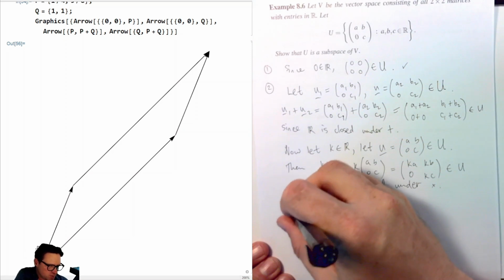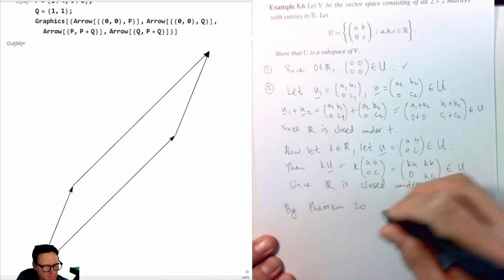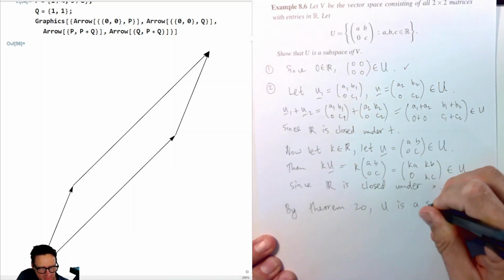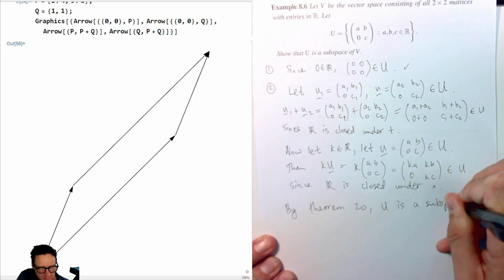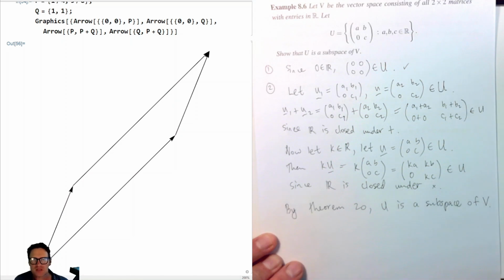Okay, so by theorem 20, U is a subspace of V, the set of all 2x2 matrices with real entries.